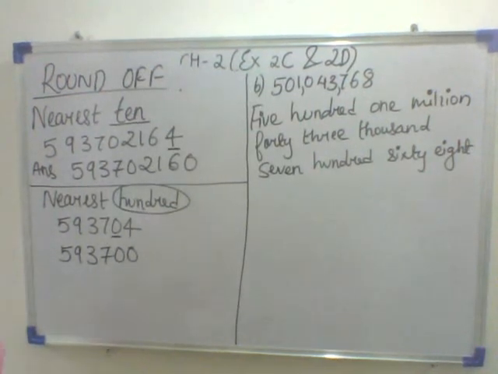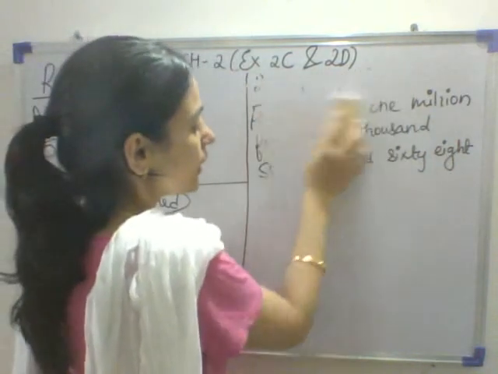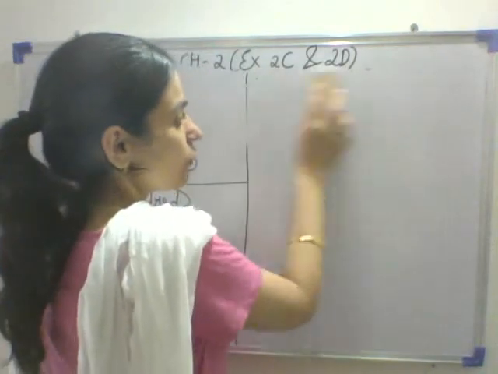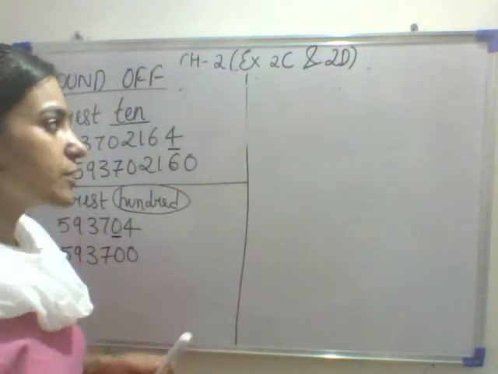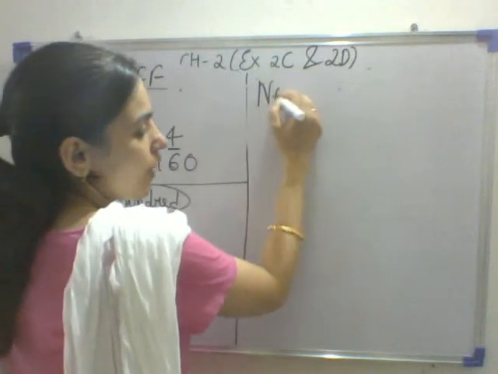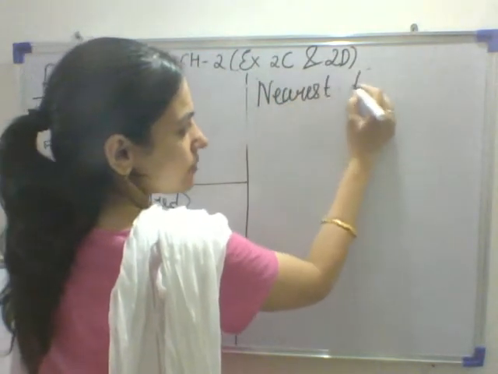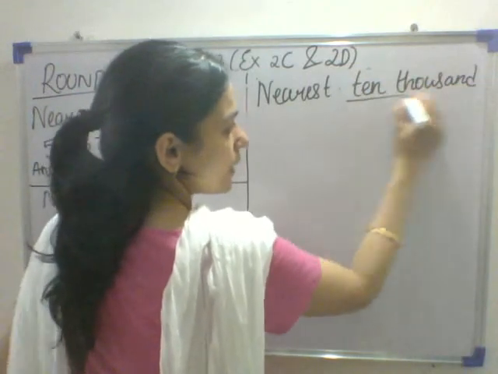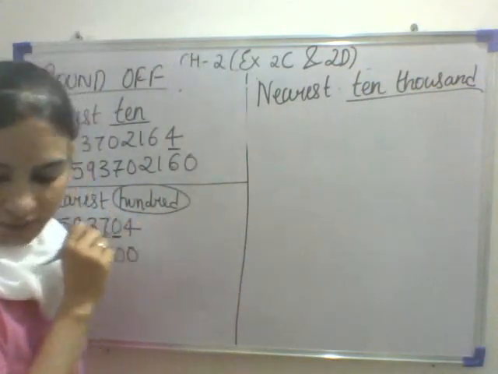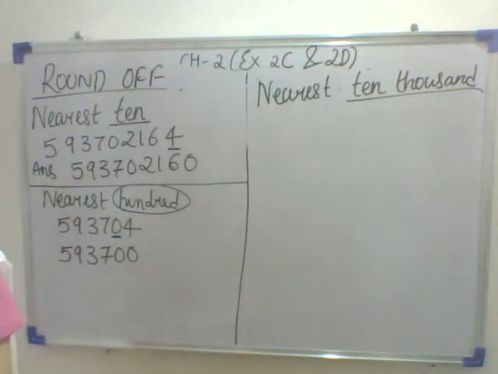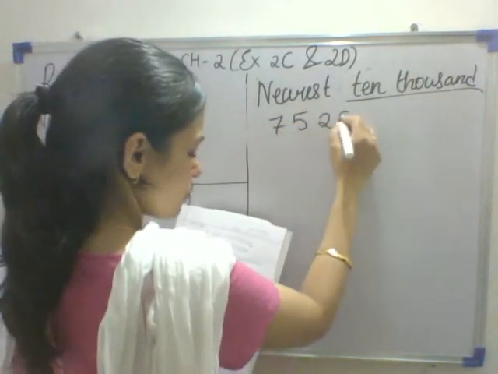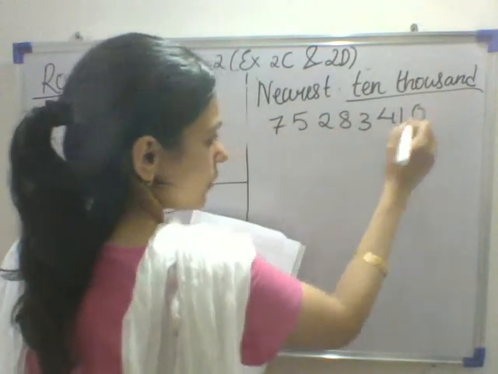The next, you have to round off the number to the nearest 10,000. If it is written that you have to round off to the nearest 10,000, which digit will you look at? Nearest 10,000 means you have to see the digit at the thousands place. So I am writing here 752833410.